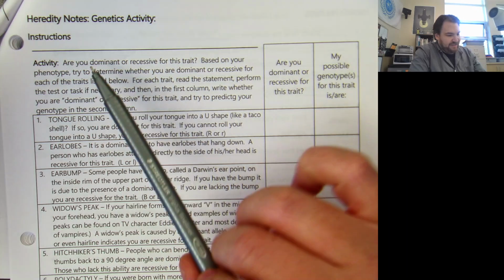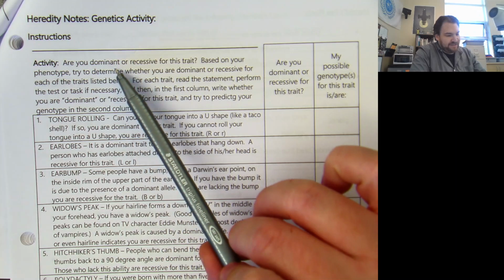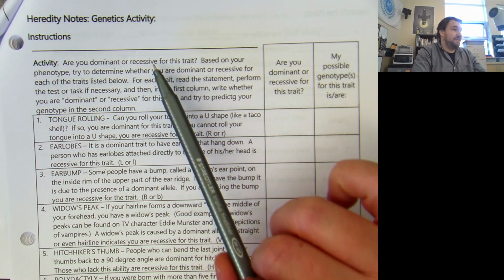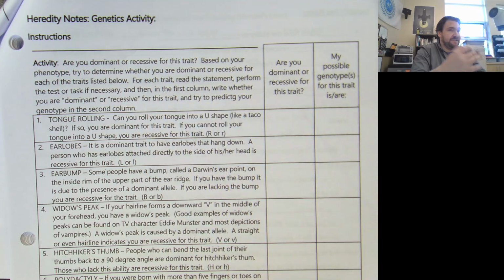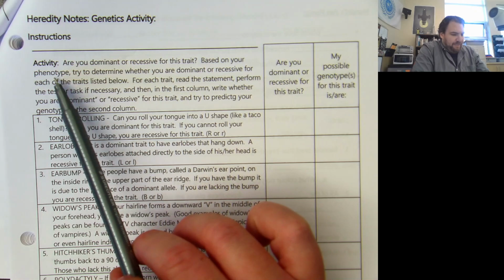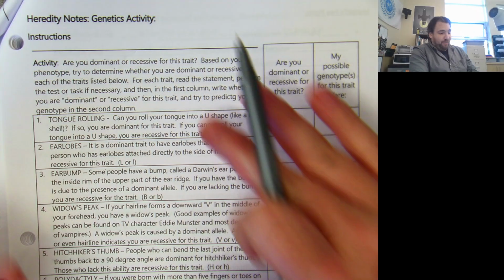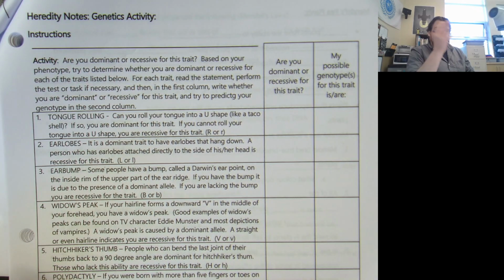And there is language here I have not taught you yet. Ideas of dominance and recessiveness, which we're going to talk about in more detail in the coming days, and things like phenotype. We haven't talked about phenotype. That's okay. I'm going to explain them briefly here. We're going to go through this, and then we're going to start talking about plants.